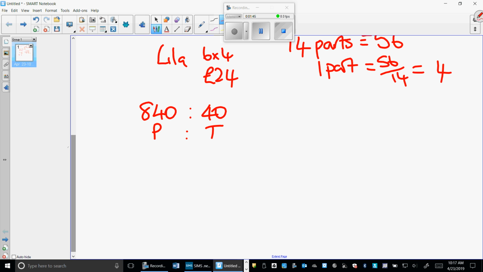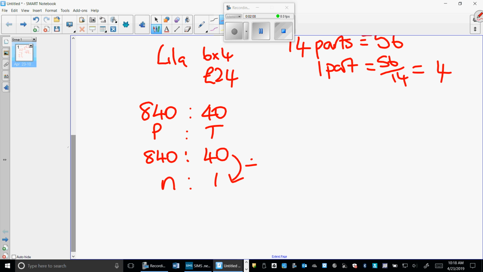So if I've got pupils to teachers is currently 840 to 40, they want it to be n to 1. Okay, so what they want is they want us to reduce this down so that we have 1 on the teacher side. How am I going to do that? Yeah, good.